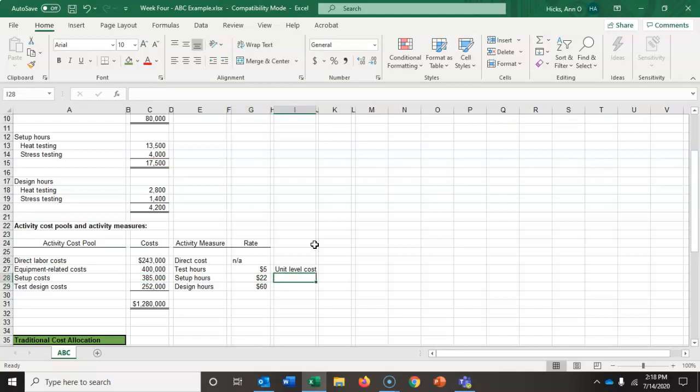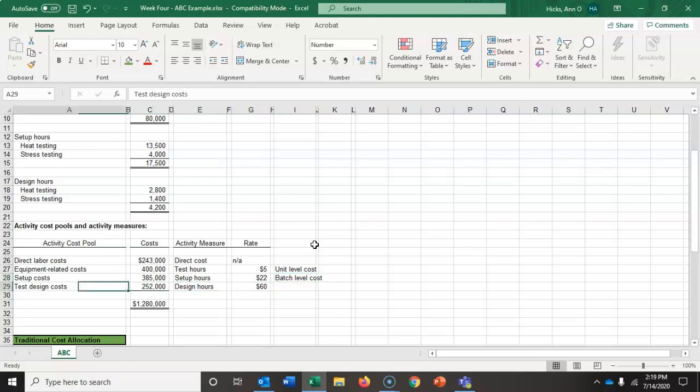Now this we would probably want to call a batch level cost because it's not the number of units or the amount of time we're spending doing the test. In fact, we can probably reduce our costs if we do more heat testing based on one setup or more stress testing based on one setup.